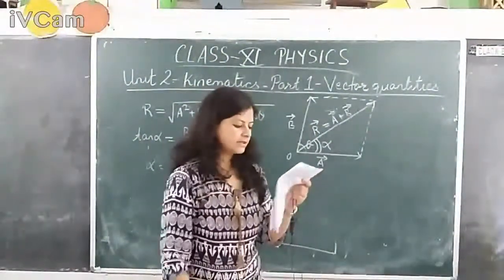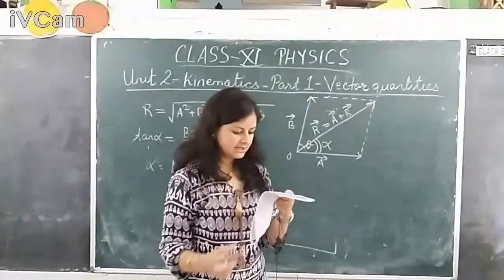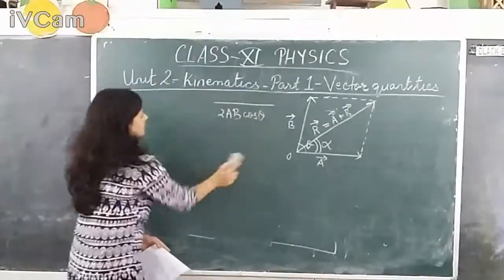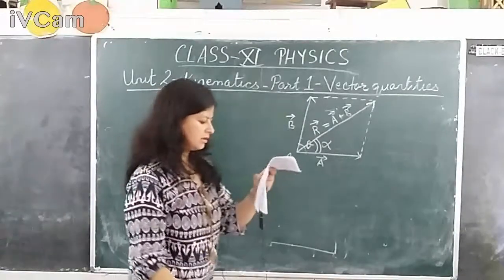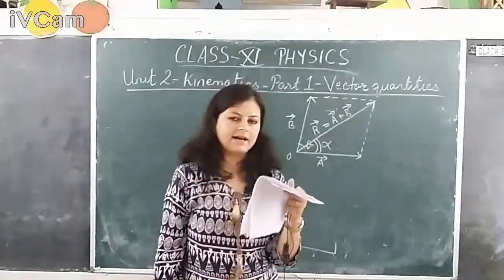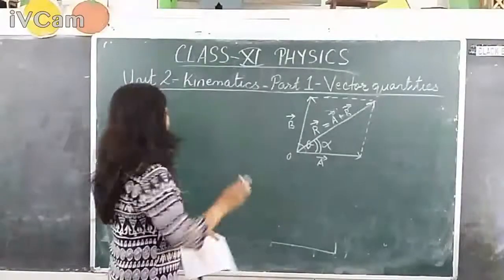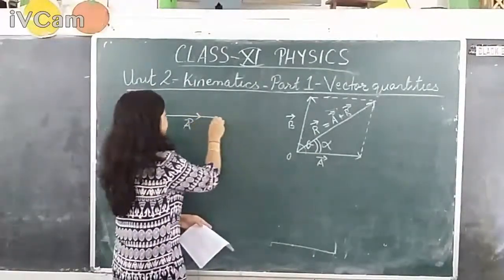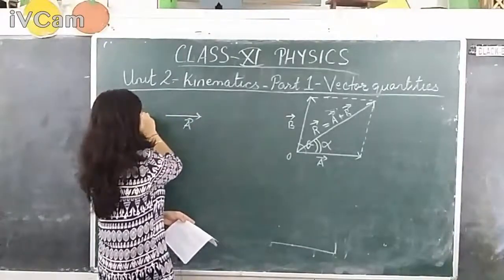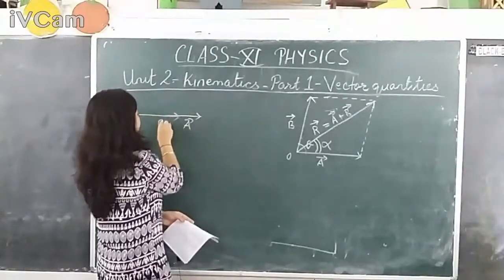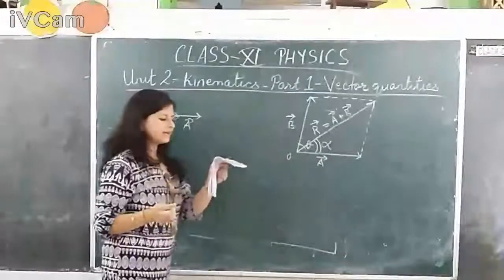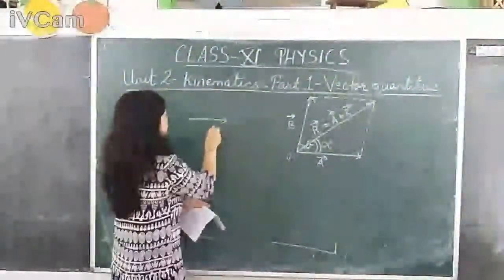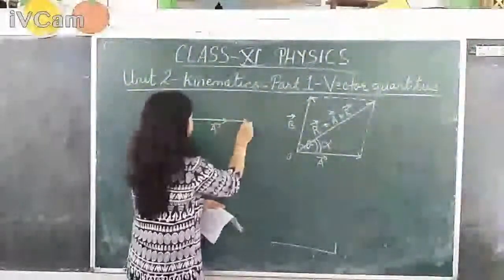Okay. Now I will stop the class with a few special cases. The first special case is if two vectors are in the same direction. Suppose you have vector A and vector B somewhere here, in the same direction, starting from a single point, and vector B goes a little longer.